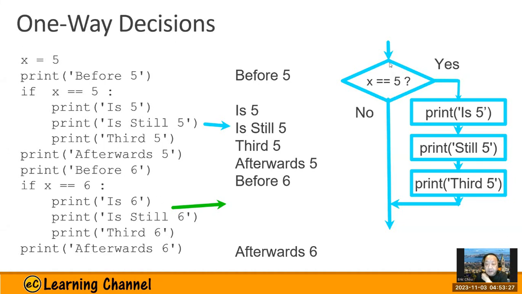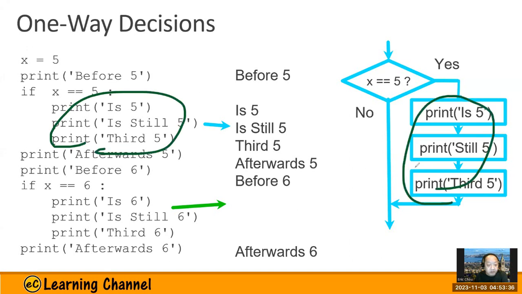Actually, here you have a diagram. You have x equals 5, okay? If yes, you're going to do these 3. If not, you bypass them, okay? So if not, you will actually go on to print after 5, okay? And if it's 6, you will print another one again.